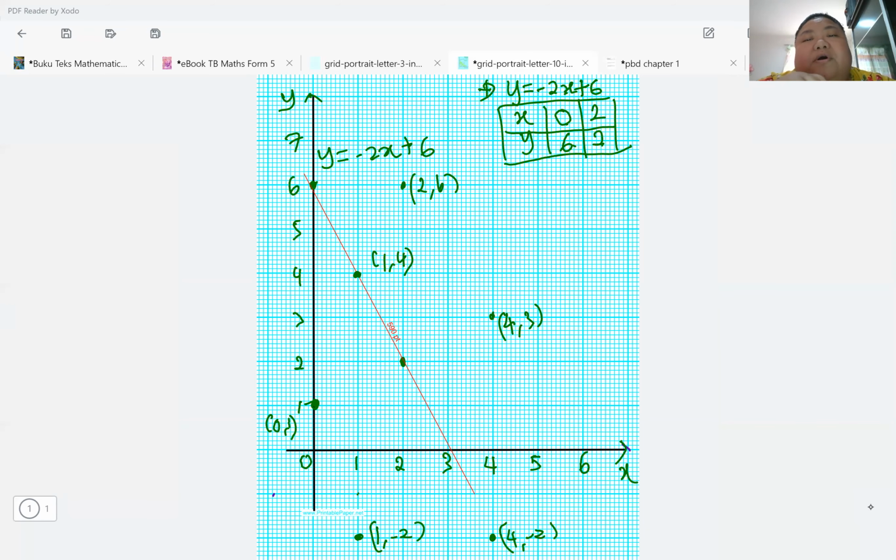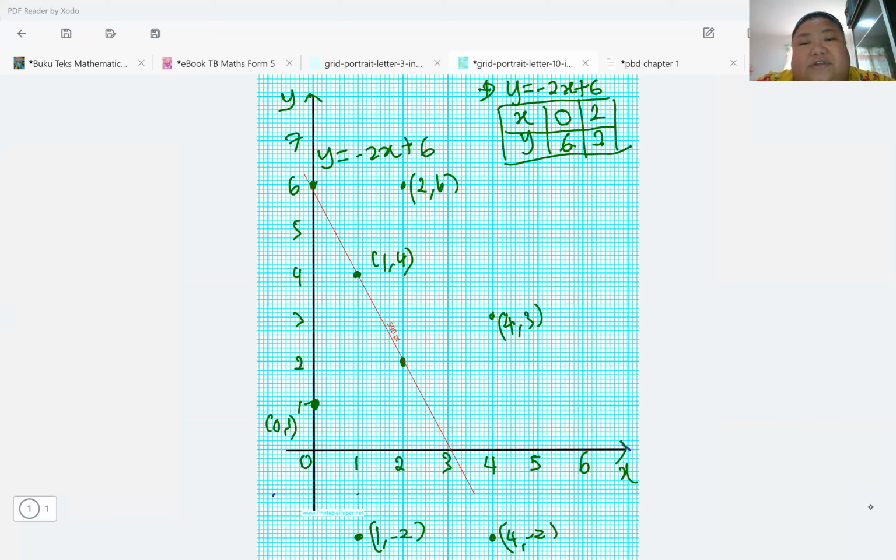To draw a linear line, you need to have at least 2 points. So how do I choose the points? Just now I said the value of x is from negative 1 to 5, so it's easier for me if I choose 0.